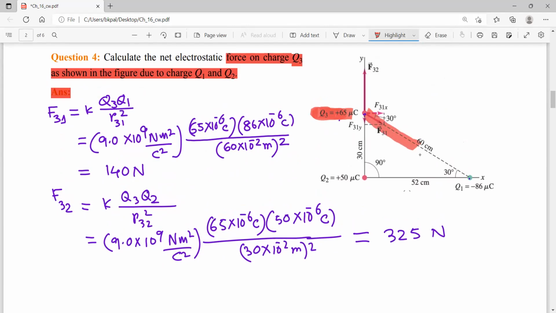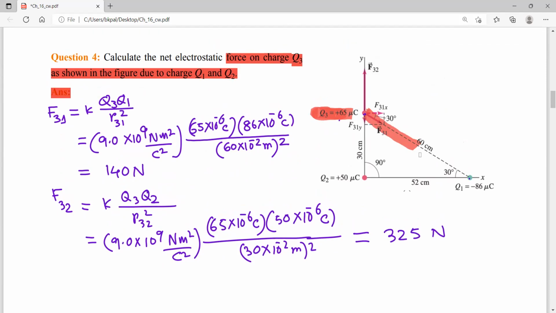Q3 is positive, Q1 is negative, so the force will be attractive. So Q3 basically goes towards Q1, and the force on Q3 by Q1 will be this one.